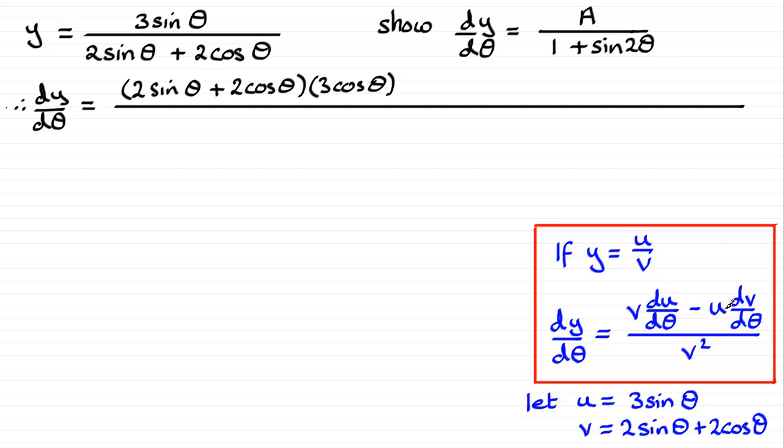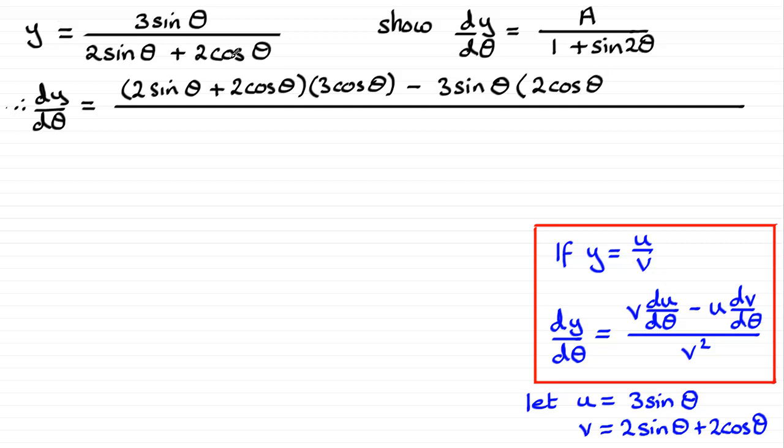Now we've got to minus the top of the fraction times the differential of the bottom of the fraction. So we've got the top of the fraction, 3 sine theta, and that's being multiplied by the differential of the bottom of the fraction. So the differential of 2 sine theta is 2 cosine theta.